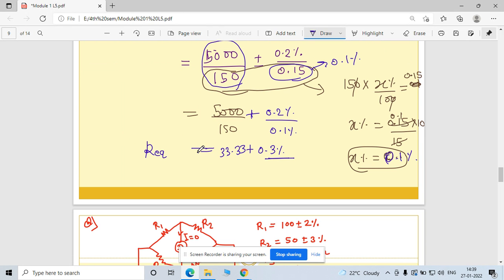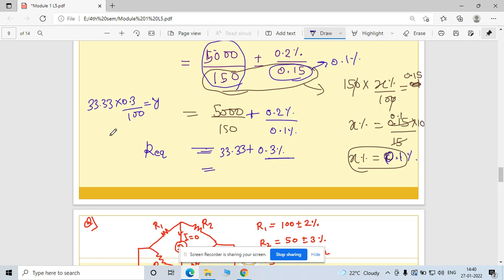Now also represent that error in absolute terms. The same way you can find out this absolute error. So 33.33 multiplied by 0.3 by 100 is equal to how much? Take this y variable. Solve this.